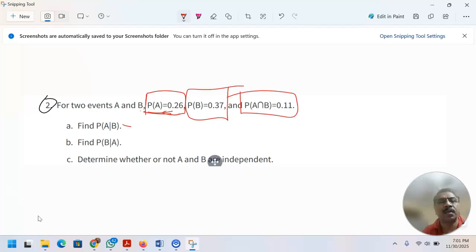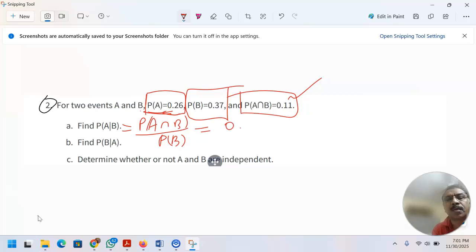By definition, the conditional probability is the probability of A and B divided by the probability of B. A and B is given as 0.01, divided by B, which is given as 0.37. That equals, to three decimal places, 0.297.